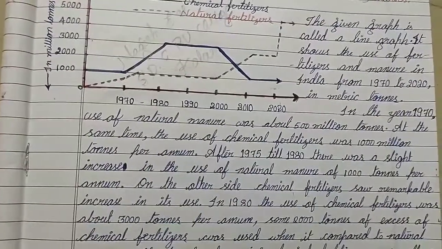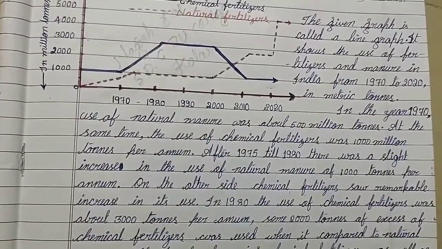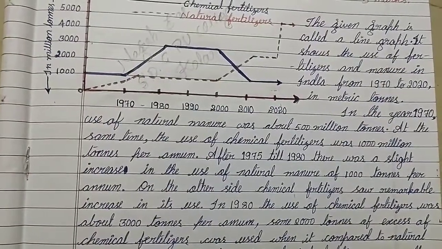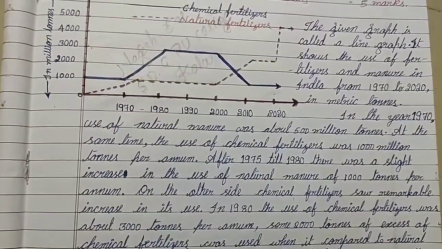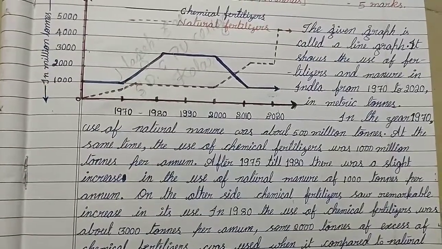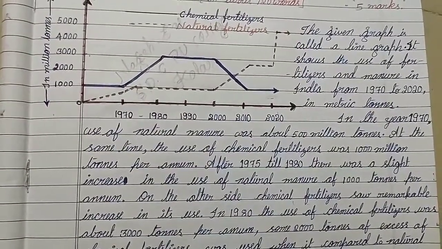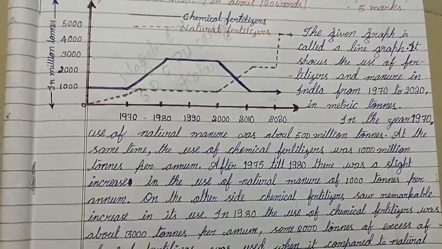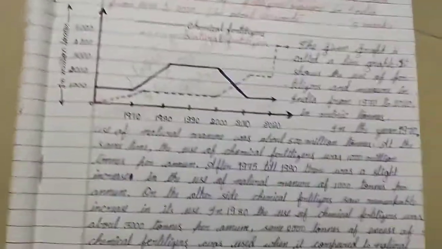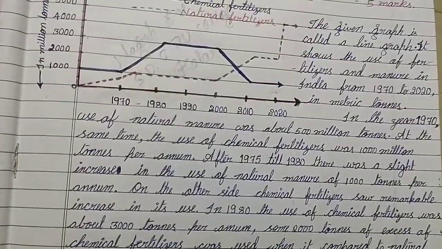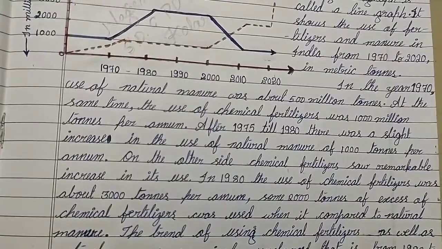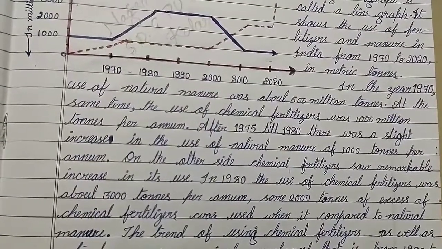I think you have observed what happened from 1972 till 1980 and the 2000 levels. From here, about 3000 tons per annum. Some 2000 tons in excess of chemical fertilizers was used when compared to natural manure.